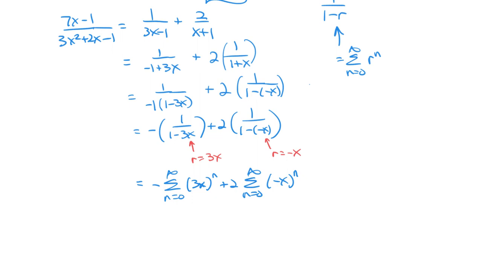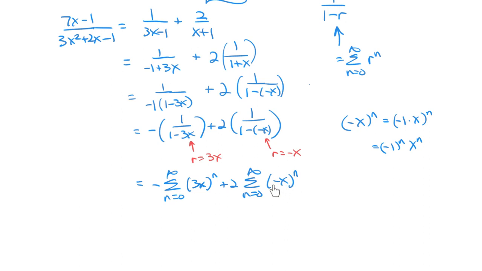Okay, and you could leave it like this. This is fine. A lot of times with this, though, because of negative x to the n, we can do something with that. Negative x to the n is the same as negative 1 times x to the n, which is then the same as negative 1 to the n times x to the n. And it's generally better to write it like this because it makes it real easy to see this is an alternating series.